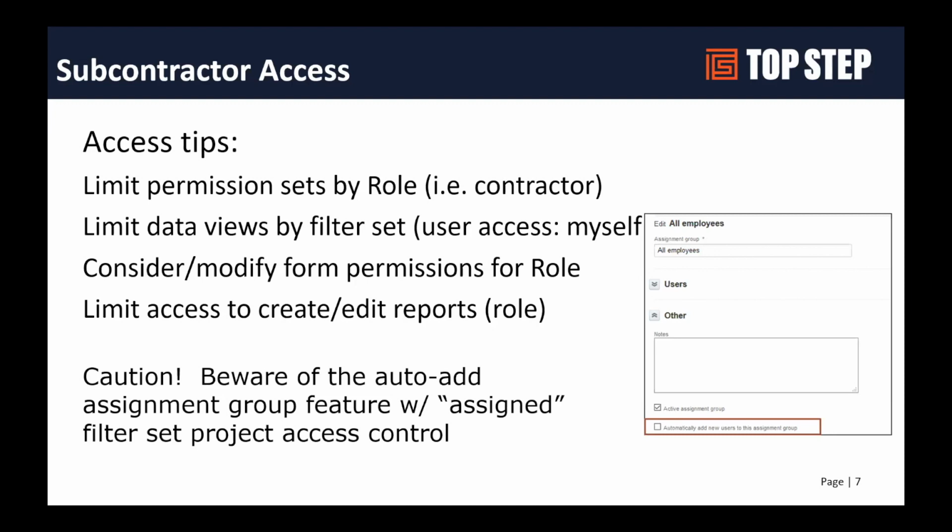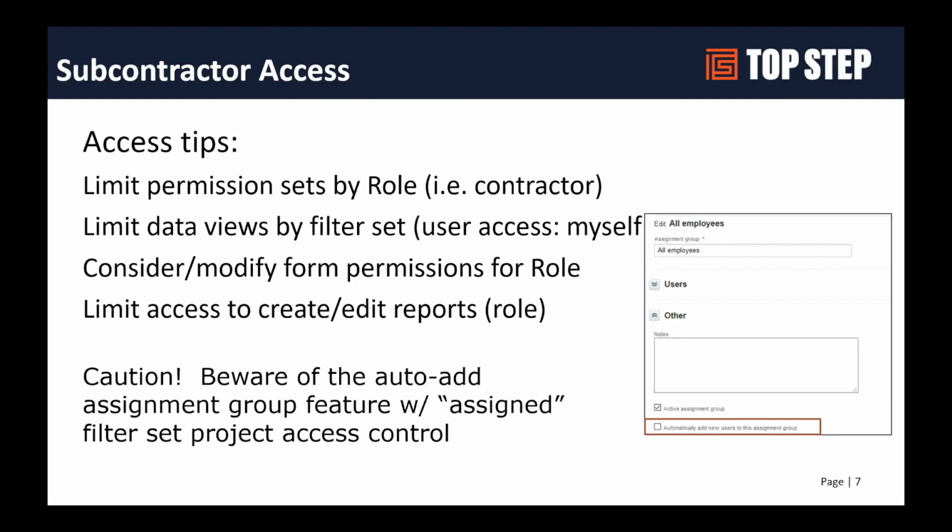One thing to be cautious of: a while back, OpenAir added the ability to auto add users to your assignment groups. So generally what we see is an all employee assignment group, which is really helpful. As you add new users, they automatically get assigned, which means they inherit access to all your internal projects, your time off projects, and admin projects.